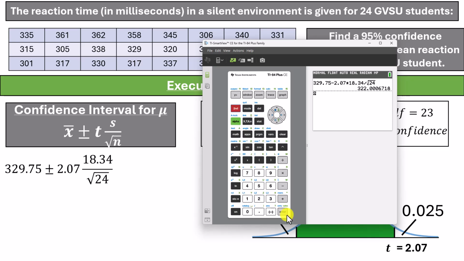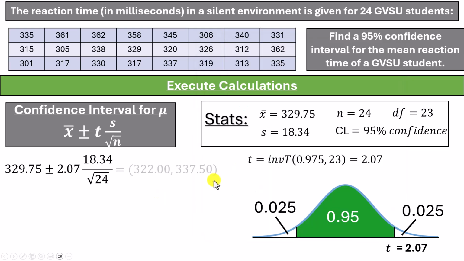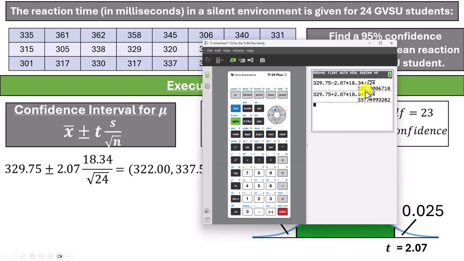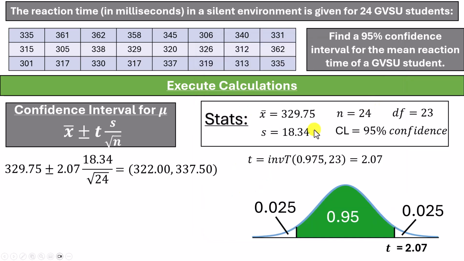And if I press second and enter, I'll get that entire answer back again. I can scroll back and change that minus sign to a plus sign, and I'll get 337.50 rounded to 2 decimal places. So those are the two numbers I got there, 322.00 and 337.50. So that finishes our execute calculation step, and all we have left is to draw a conclusion.